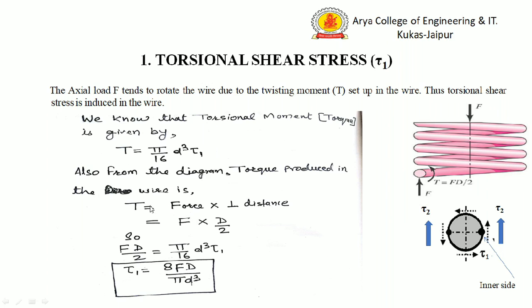By equating these two equations, T is equal to F d by 2 and T is equal to pi by 16 d cube tau 1, we get F d by 2 is equal to pi by 16 d cube tau 1. So from this equation we get tau 1 is equal to 8 F d upon pi d cube. So this is the torsional shear stress tau 1 acting in the spring wire.